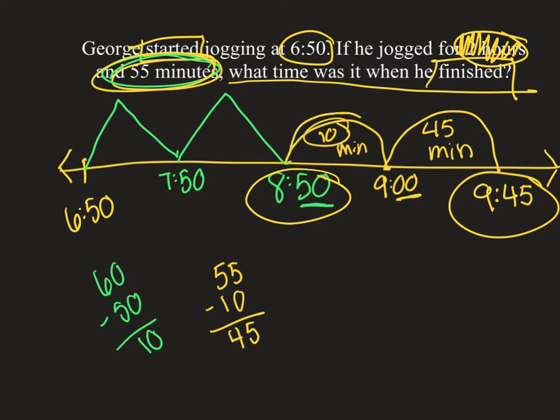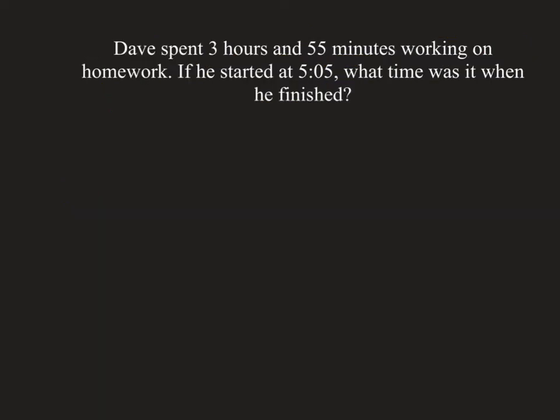But because I'd taken 10 of those 55 minutes, I had to do 55 take away the 10 that I jumped to get to 9 o'clock, which left me with 45 minutes. So then I jumped 45 minutes from that 9 o'clock, and it made my ending time 9:45.